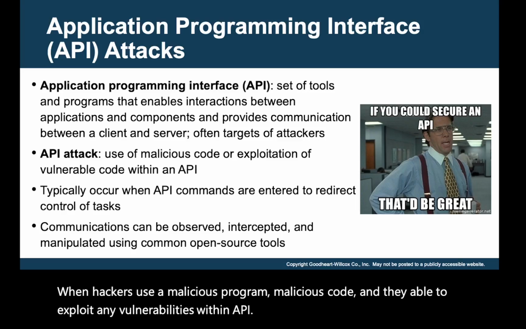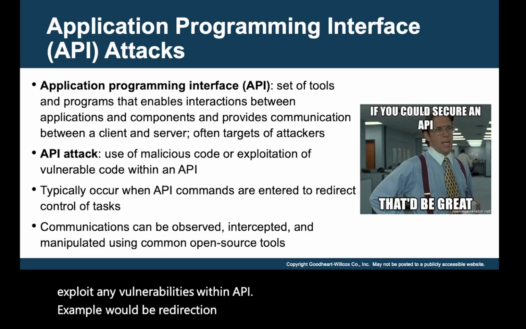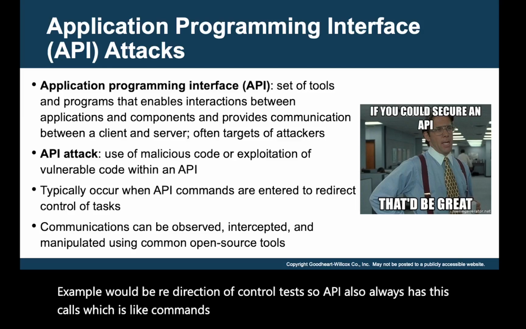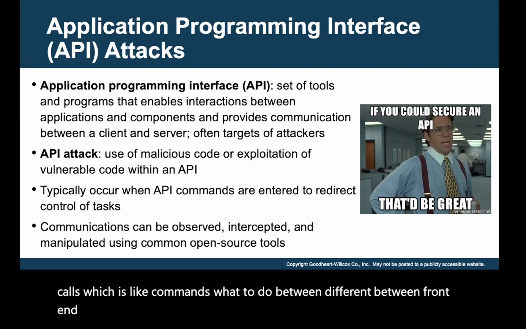An example would be redirection of control of tasks. An API always has these calls, which are like commands, what to do between the front end and back end of the application.